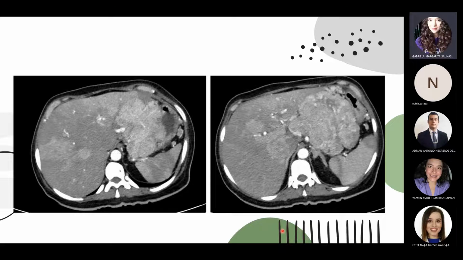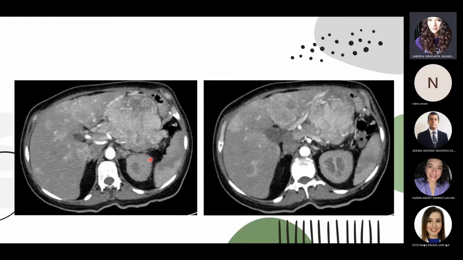Here we can see in this image at the level of the lesser sac, the topography of the body and tail of the pancreas, and ovoid images with defined edges, heterogeneous, predominantly hyperdense, with areas of necrosis, measuring 12 by 10 centimeters, which is causing mass effect, contacting more than 180 degrees the splenic vein and causing thrombosis of the same.